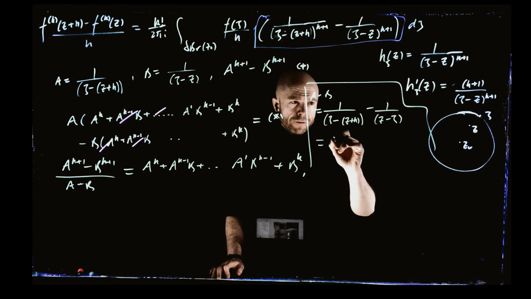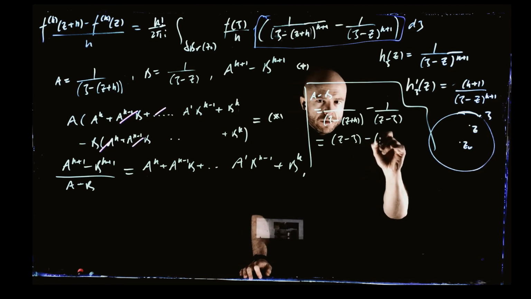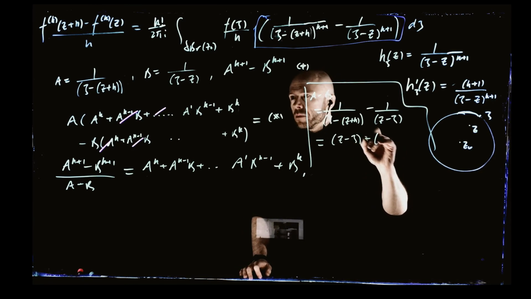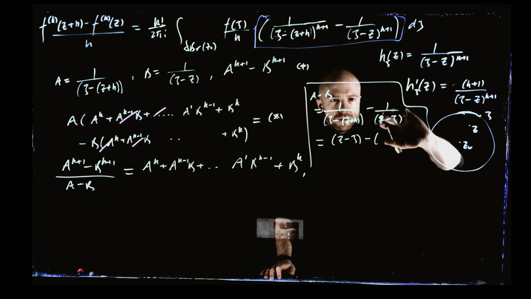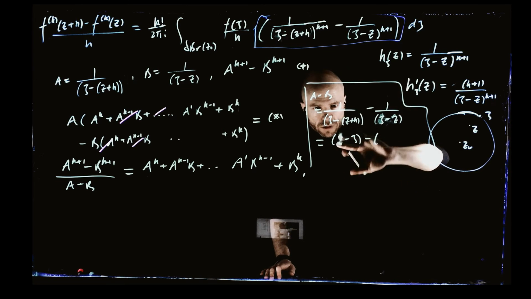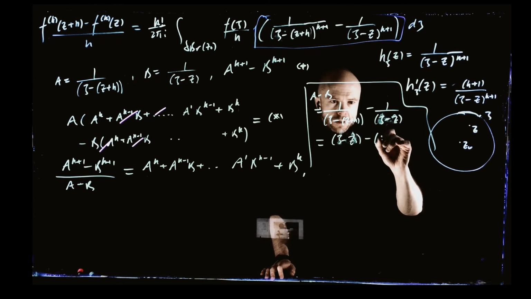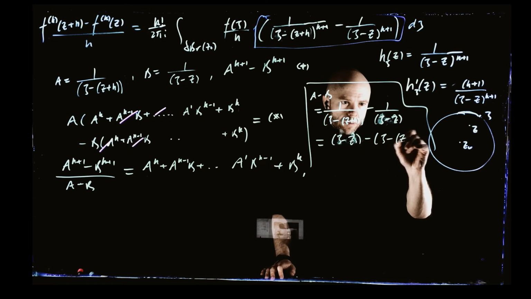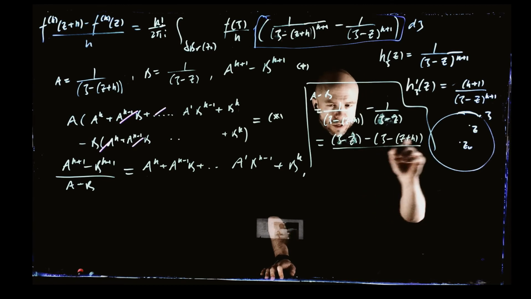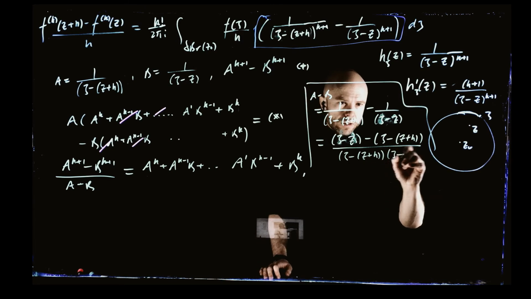So that's going to be zeta minus z minus, I mixed it the wrong way, this is zeta minus z, and then this is zeta minus z plus h, over the common denominator zeta minus z plus h times zeta minus z.